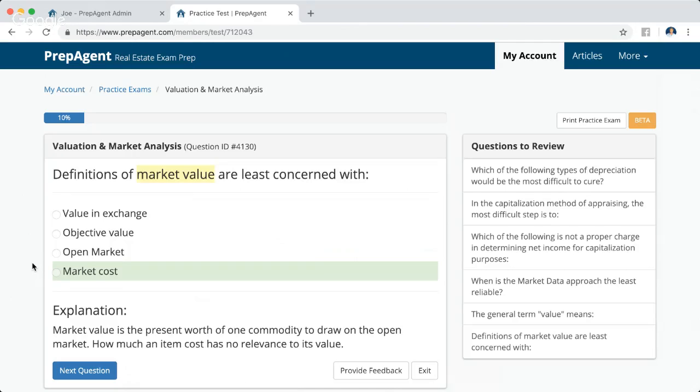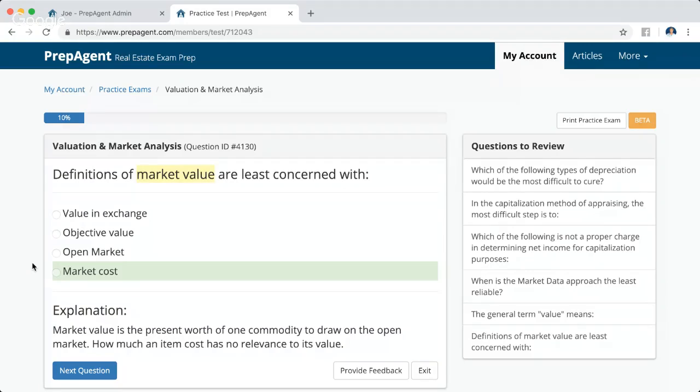Market cost. What they mean by that is the cost of what it is to build a property has nothing to do with the value. So I see a lot of you guys got that wrong, so we'll talk about this for a second. The value of your home is based on what? It's based on a lot of different things. But if I said to you, what'd you pay for it? You'd be like, it's none of your business. I said, no, what you paid for it, that's what it's worth. You'd be like, screw off.